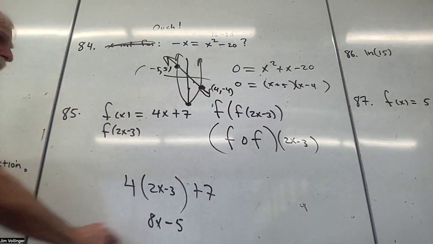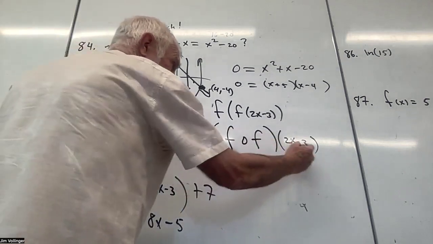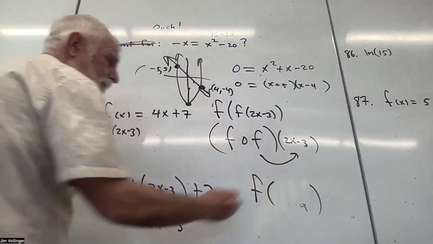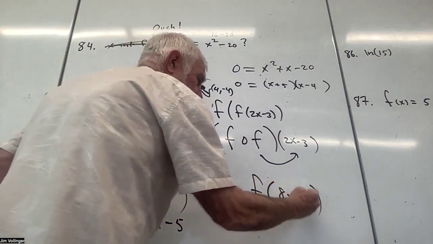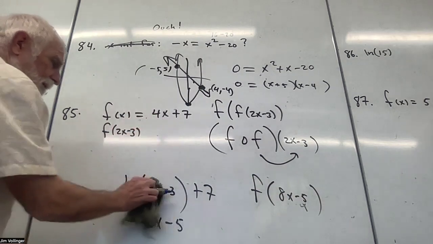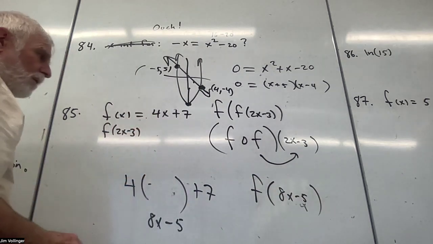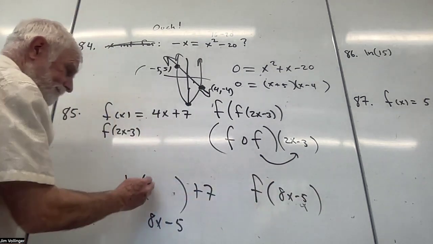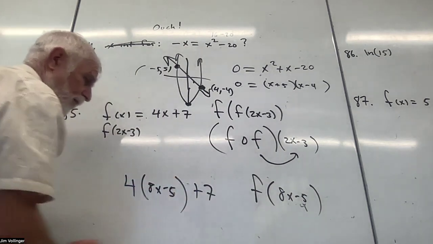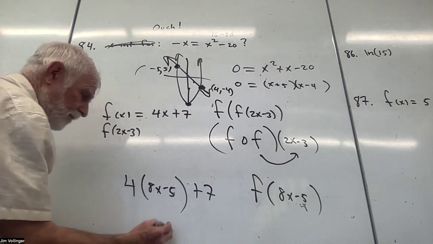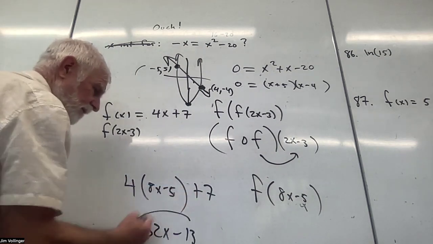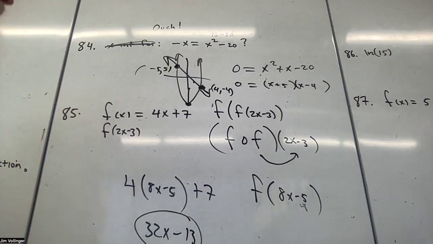I got a new input because I just did this. And now I have to do what I get as an input, 8x minus 5. So how do I do that? I come back to the original. I multiply my inputs by 4 and then add 7. Sure looks like I'm getting, for an answer, 32x minus 20 plus 7 is 32x minus 13. That's how you do that.